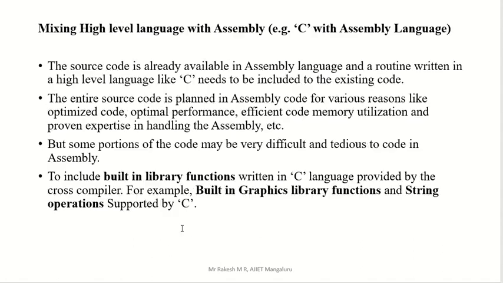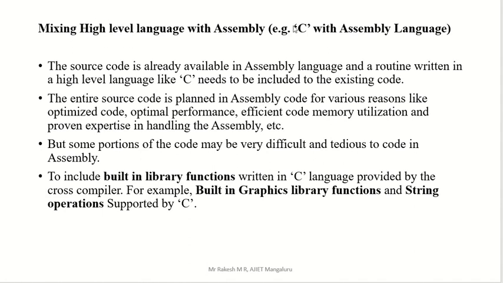Okay, now another mixing is high level language mixed with assembly. That means C we are going to mix with the assembly language. Here the basic code is assembly itself. If there is 20 line code, out of that 18 lines are assembly itself, and 2-3 lines we are going to mix in a high level language.